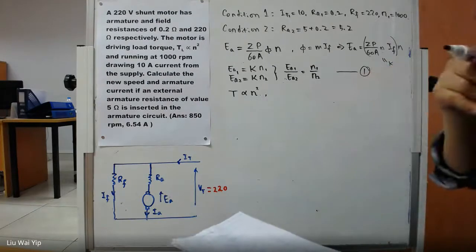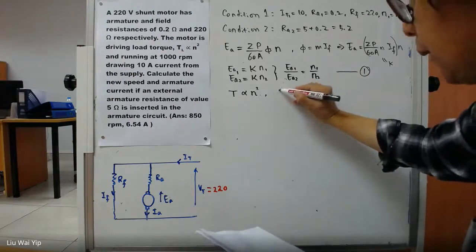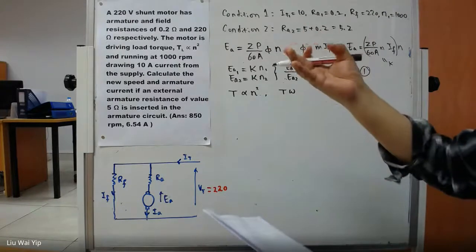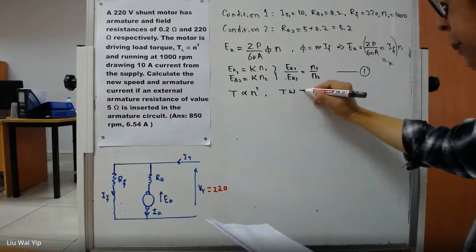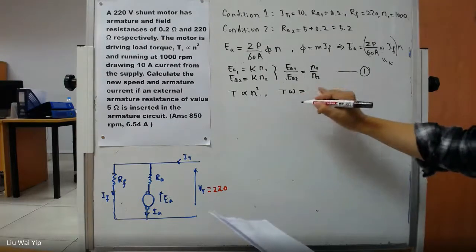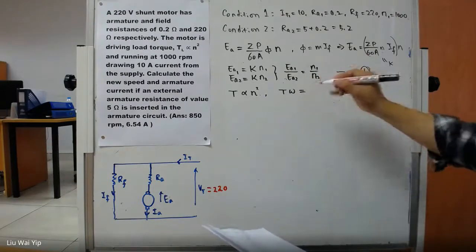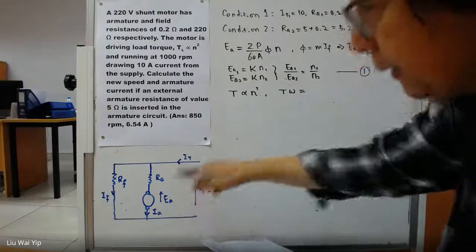Otherwise, we have this condition, and then we also know that T omega is the mechanical power for the DC motor. And if there is no power loss, then the mechanical power will be equal to the electrical power. So what is the electrical power? The electrical power should be the electrical power in the armature.